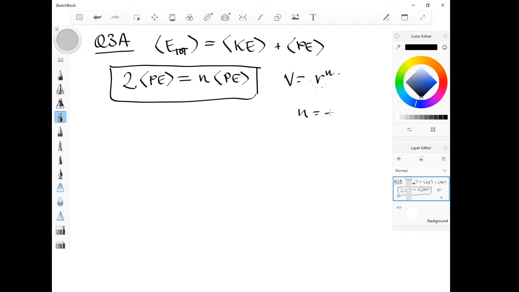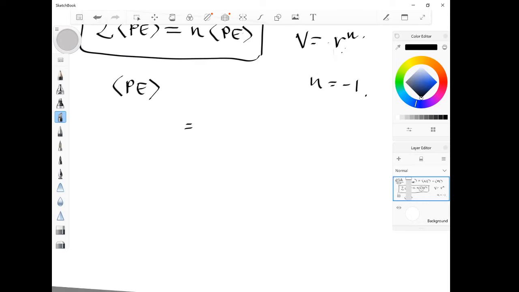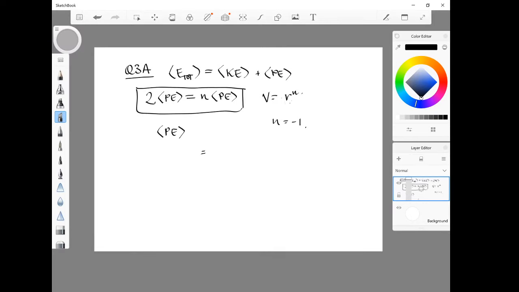So this, for n equal to -1, that means that our potential energy, that should be K as well, okay, potential energy is going to be equal to minus 2 times the kinetic energy.